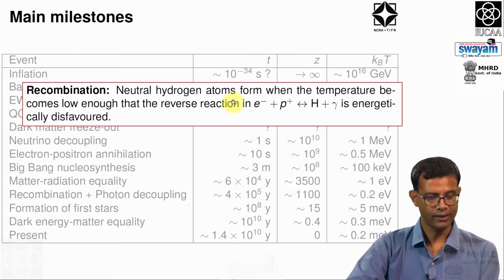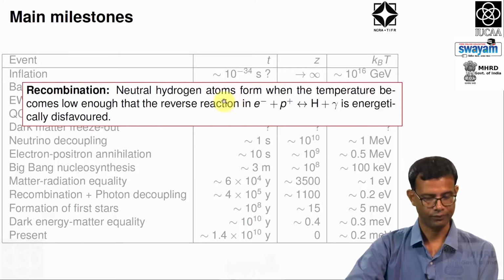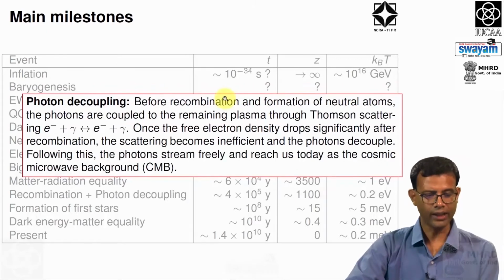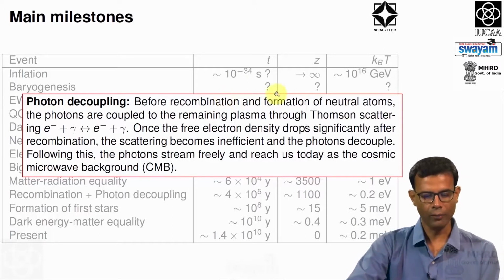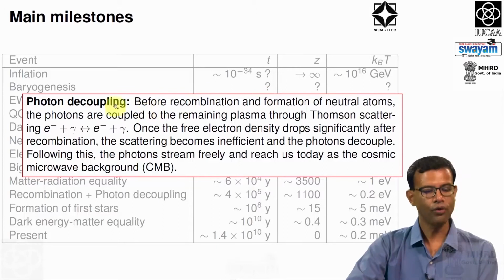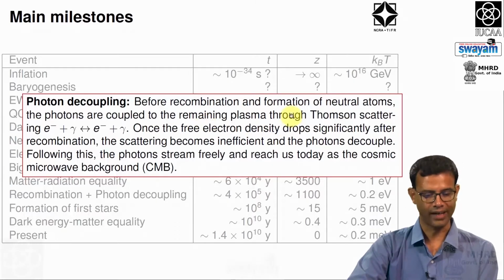That is known as recombination. This is also the time when the photons decouple from matter. So, before recombination or the formation of neutral atoms, the photons are coupled to the electron proton plasma through Thomson scattering.